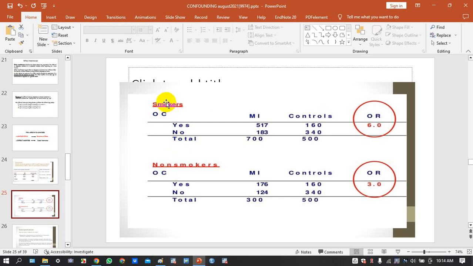Those who took the contraceptives and smoke: 517 times 340 divided by 183 times 160 gives us an odds ratio of 6. Non-smokers, women who don't smoke but take oral contraceptives, their odds ratio of getting myocardial infarction is 3. So meaning that smoking is what is causing the myocardial infarction, but not the oral contraceptives. If it were like that, all our wives would have died by now.